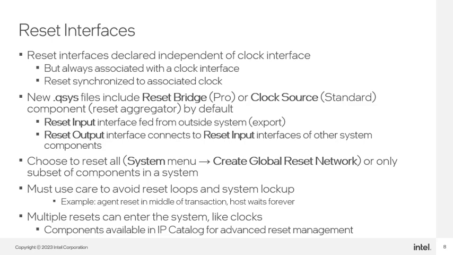If this method is used, care must be taken to avoid reset loops or reset situations that can cause system lockup, such as resetting a component with an agent interface in the middle of a transaction. If you have multiple external resets entering the system through multiple reset bridge or clock source components, you can use a reset controller or reset sequencer to manage them. See the Intel Quartus Prime Platform Designer User Guide for details on these components.